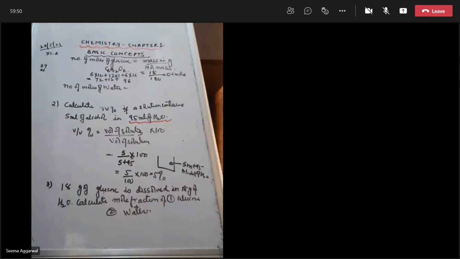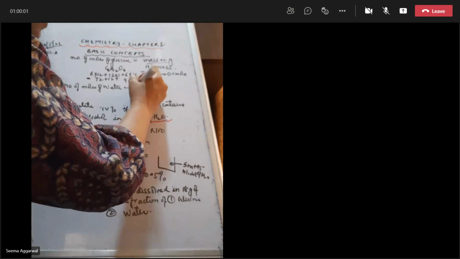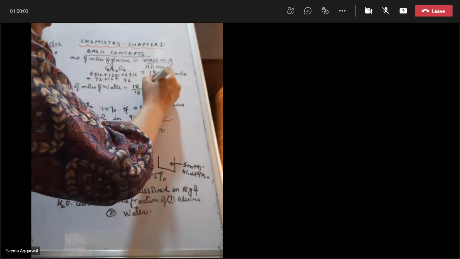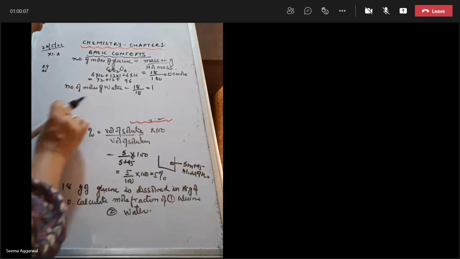Okay, next Sanket, how to calculate the number of moles of water? One mole. Mass in grams is 18, molecular mass is again 18, that is equal to 1. So we have calculated the number of moles of both.